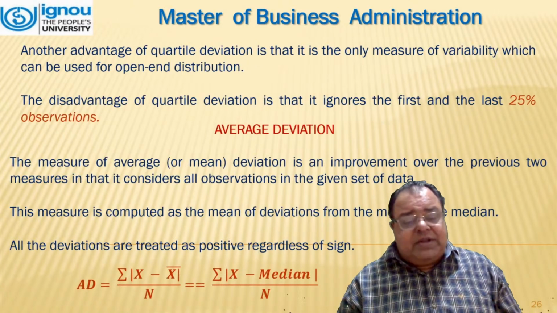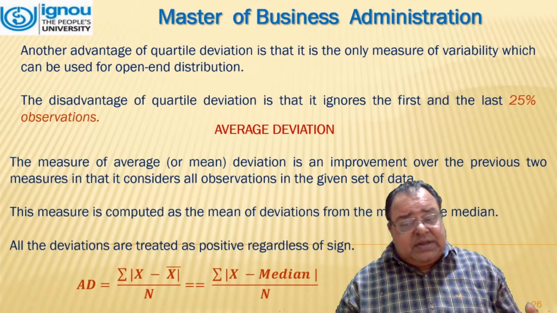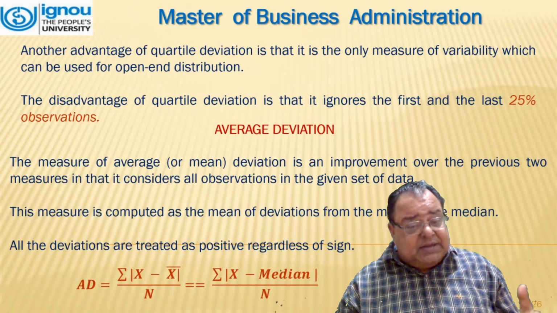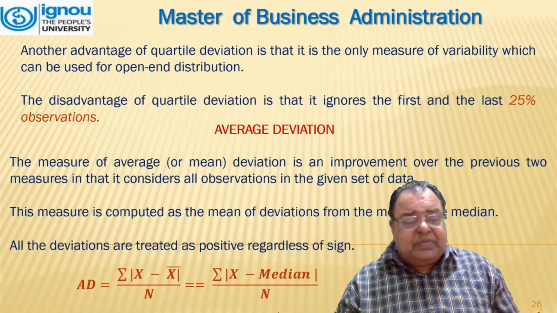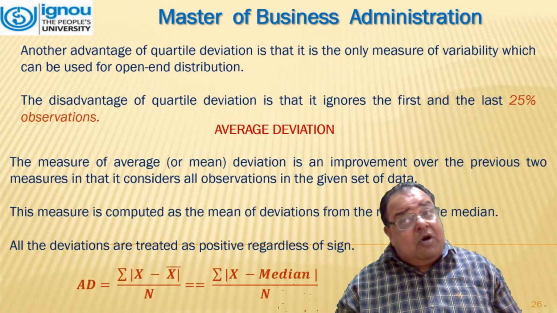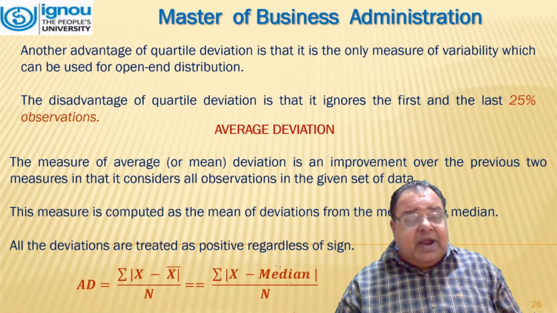Then comes your average deviation. The measure of average or mean deviation is an improvement over the previous two measures, and in this it considers all observations in the given set of data. This measure is computed as the mean of deviations from the mean or the median. All the deviations are treated as positive regardless of the sign.